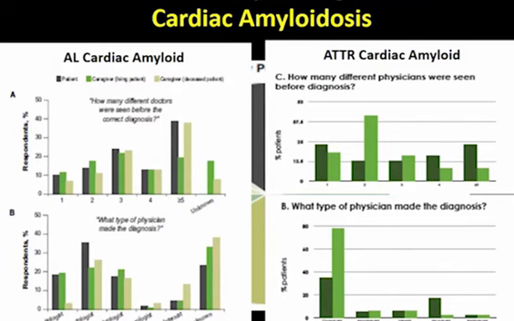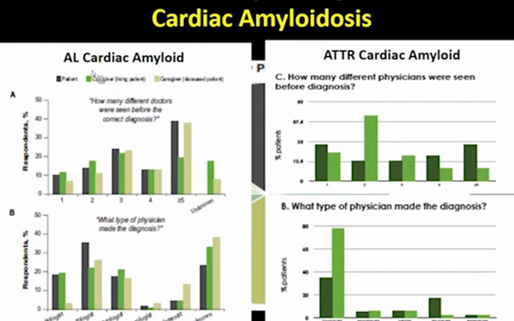In this same study, researchers delineated the delays in diagnosis reported by either patients, caregivers, or other loved ones. And as you can see, for both AL cardiac amyloid, shown on the left, and for ATTR cardiac amyloid, shown on the right, a large percentage of the patients for AL often saw more than 5 providers before a diagnosis was made, and for TTR, similarly, patients were seeing 3, 4, or 5 providers prior to a diagnosis being made.